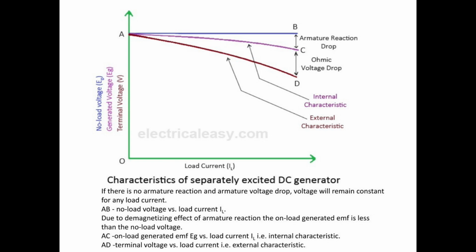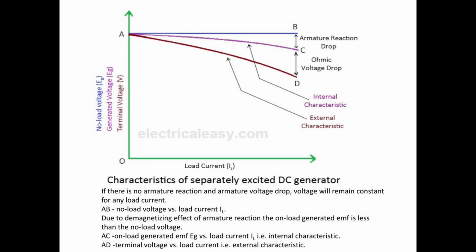Which is the graph between terminal voltage and load current. Okay, so the terminal voltage V is less than generated EMF EZ due to voltage drop in the armature circuit. So here V equals EZ minus IA RA, right?